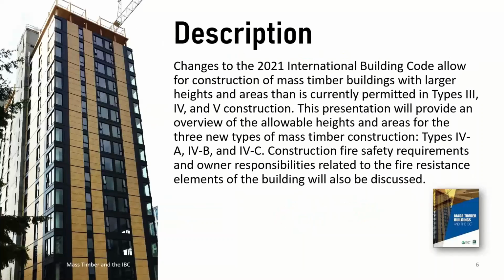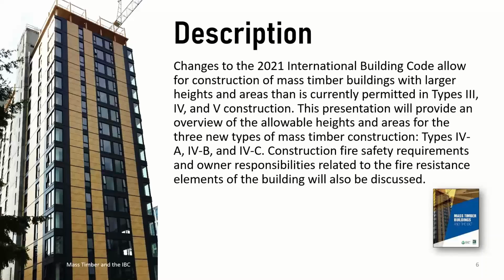A little bit about this course in particular. You've already read the description, I'm sure, but this photo is of the Brock Commons student housing at a university in Vancouver, Canada. It's still, I believe, though not for long, the tallest mass timber structure in North America.